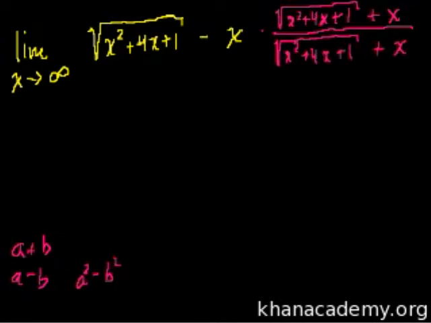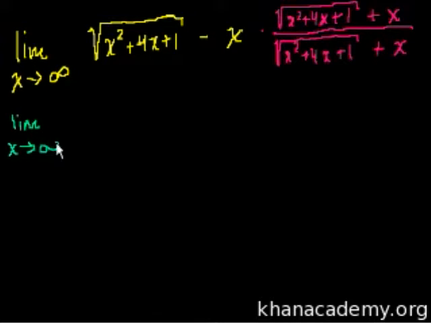Let me erase this stuff down here so we don't get distracted. And so what do we have? This will become the limit as x approaches infinity. Well, this is a minus b times a plus b, so we end up with a squared. Well, what's this squared?